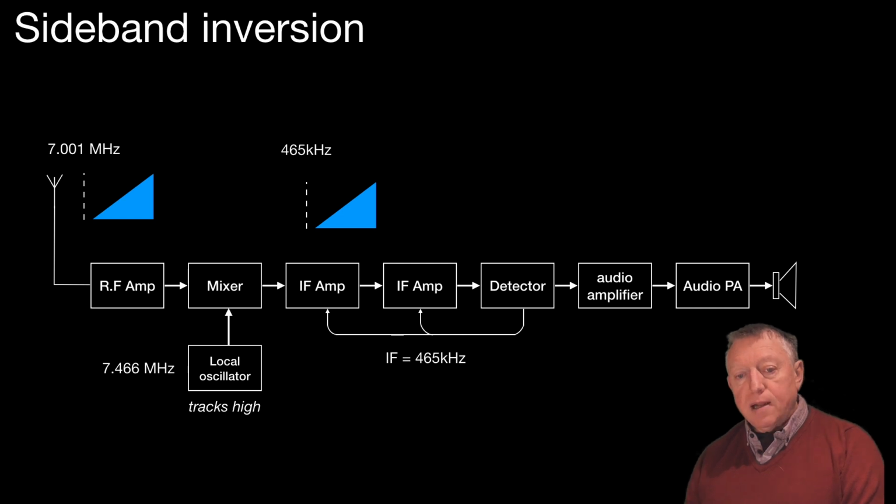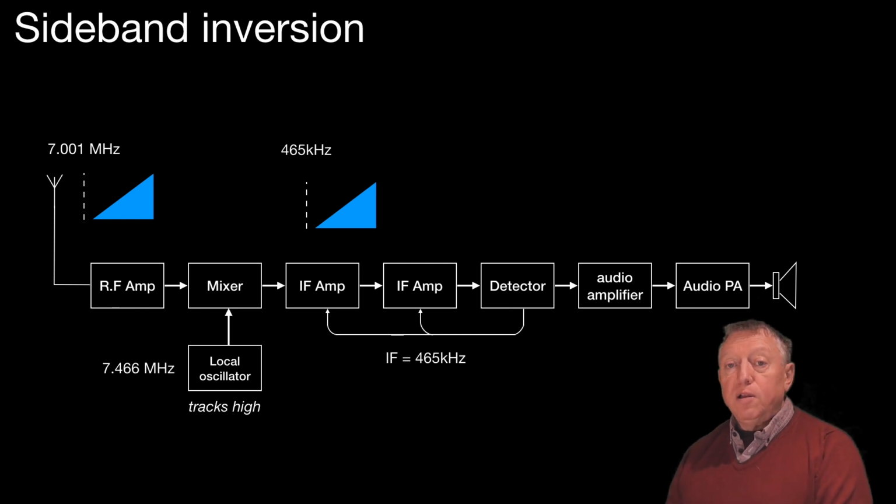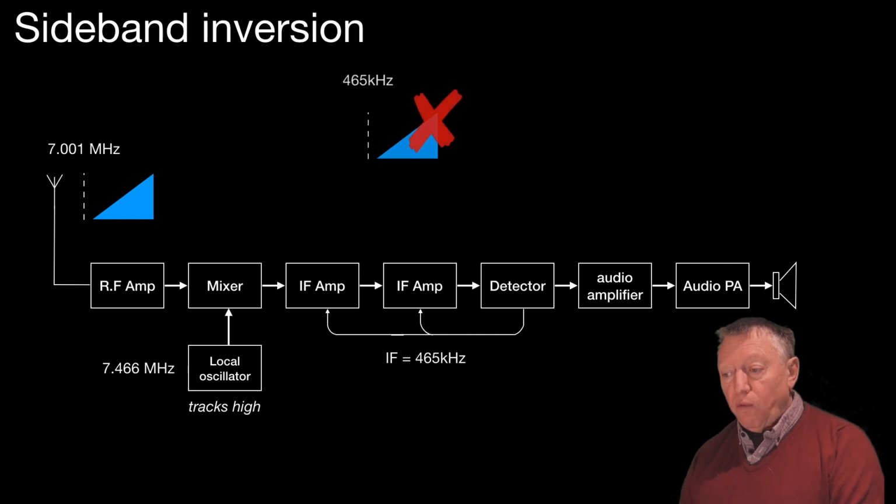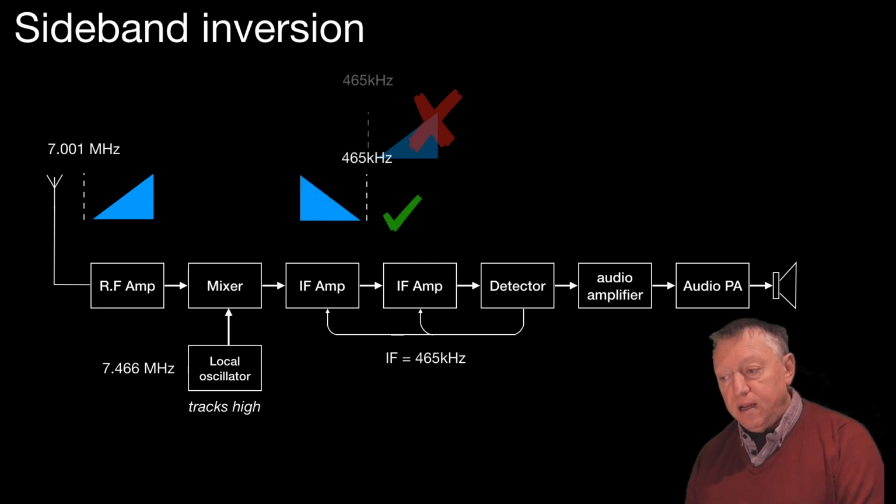And you might expect that the upper sideband shown coming in would be translated at IF to an upper sideband. But in fact, that is not the case. It is in fact translated to an inverted sideband. So we thought the sideband would be erect at that point, but it's going to be inverted.